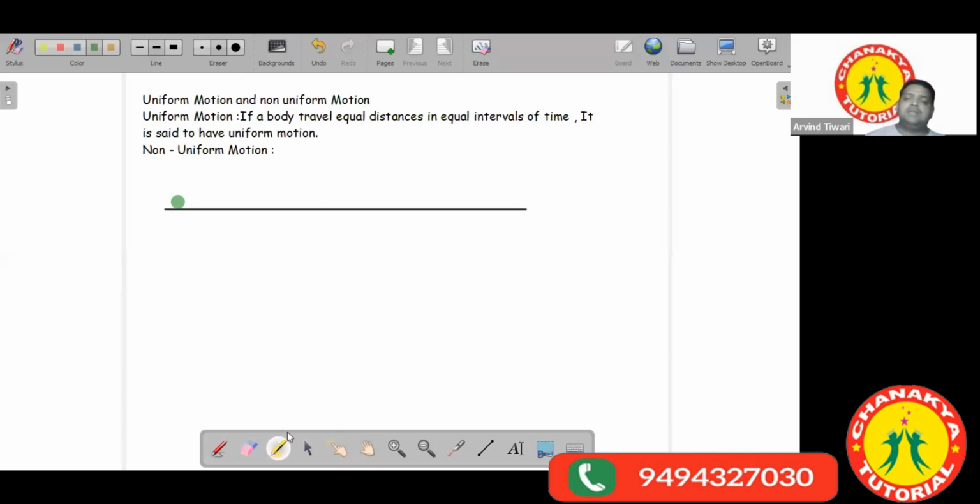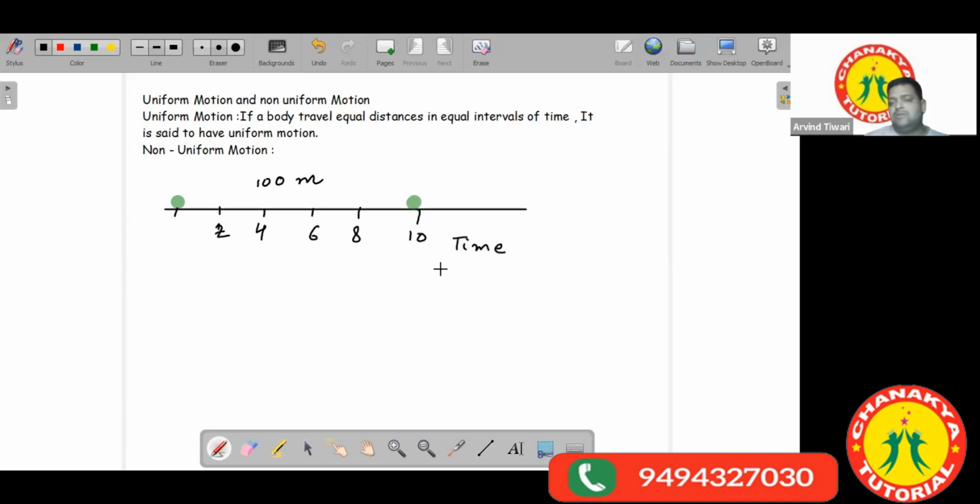Suppose you have a journey of 100 meters. Here the seconds are 2, 4, 6, 8, and 10. So here I am marking the time.